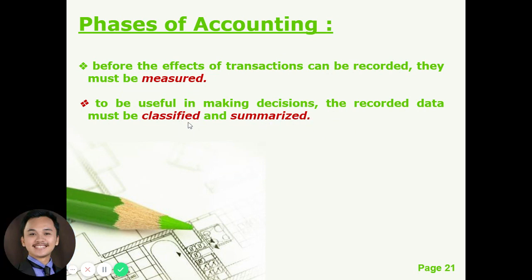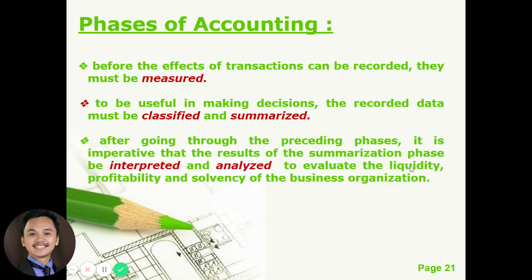And then after classifying them, you will be summarizing them because what we will be reporting to the different users is the summarized information already, which is more relevant than the daily basis or the individual records of accounts.